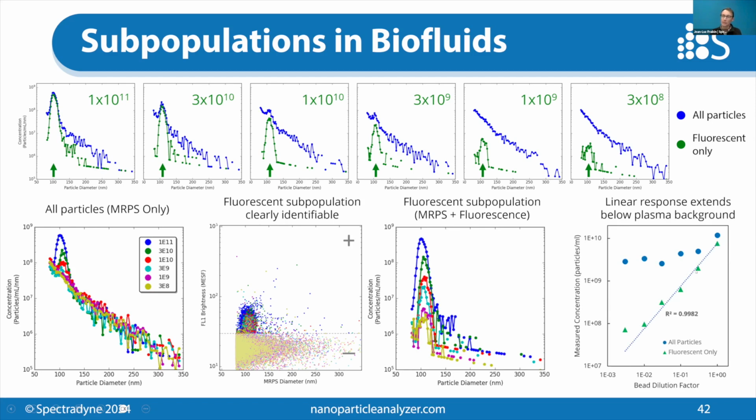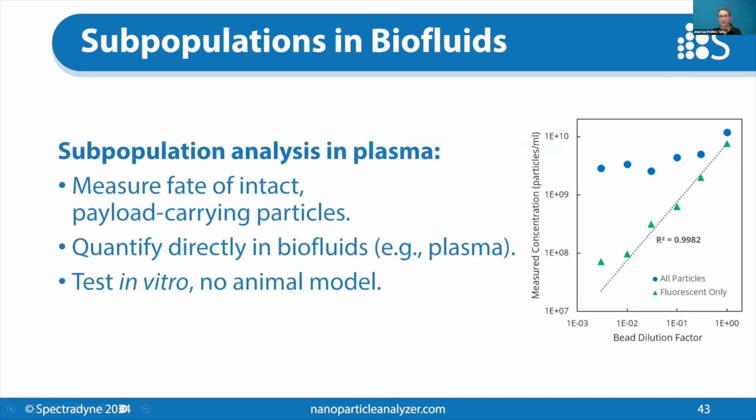And you see that we get a nice linear response all the way down to almost 100-fold lower concentration than for the plasma alone, right? And so this shows that we can accurately quantify fluorescent subpopulations in samples as complex as plasma directly in that biofluid. And there are opportunities to avoid use of animal models this way because it enables more in vitro testing actually in PK studies of nanomedicines.